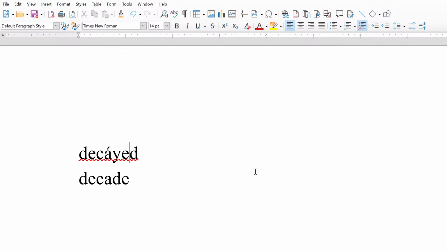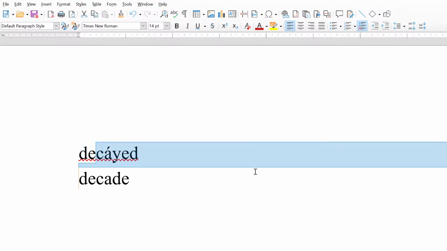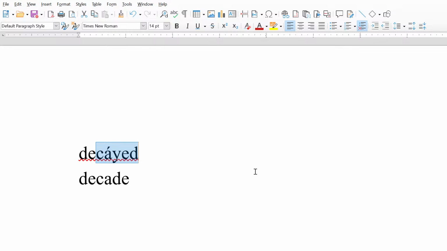So this tells us, since we've placed this accent over the A, that it is the main part of the second syllable. There's two syllables, da, cade, 1, 2. So the emphasis is not on the first syllable, da. So that means it's on the second syllable, cade.